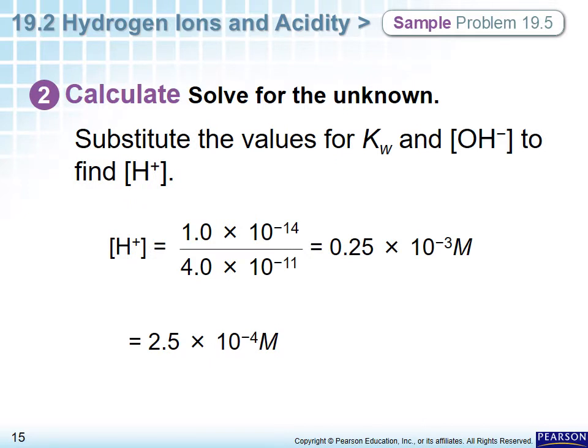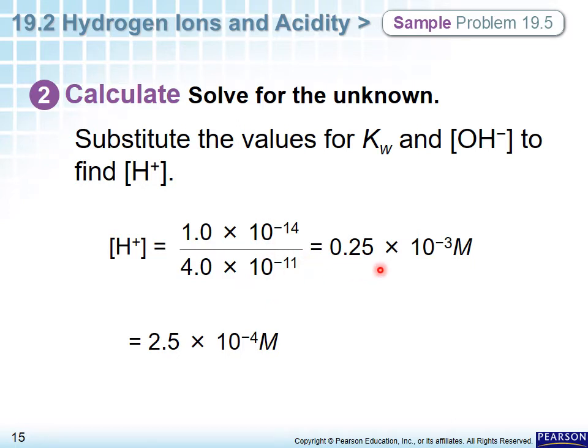So to calculate this, simple, substitute the value of Kw and OH to find the H positive ion concentration. So H positive ion is equal to Kw, and the Kw value is 1.0 times 10 power negative 14, over the value of OH, which is given in the question, 4.0 times 10 power negative 11.